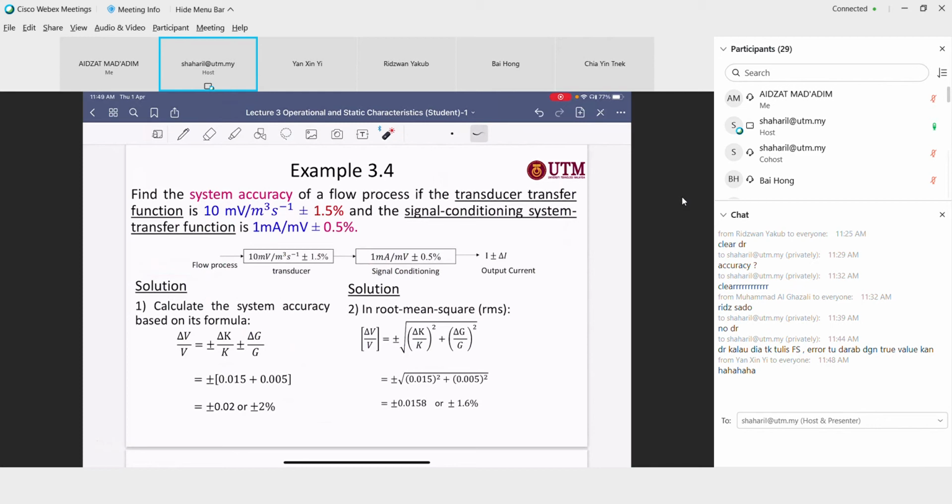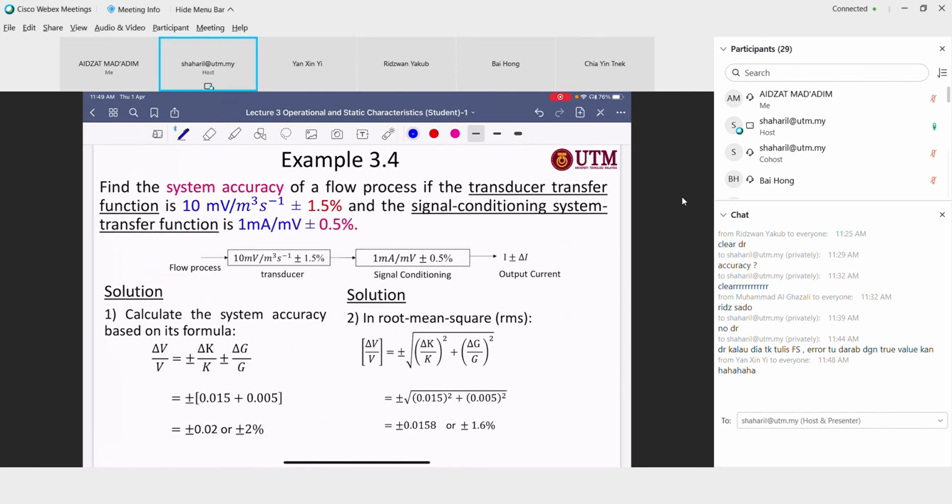Find the system accuracy of the flow process: the transducer transfer function gives you 10 millivolt per unit, plus minus 1.5%, and a signal conditioning system transfer function of plus minus 0.5%. When you play around with the transfer function, this one means delta K over K, and this one means delta G over G.